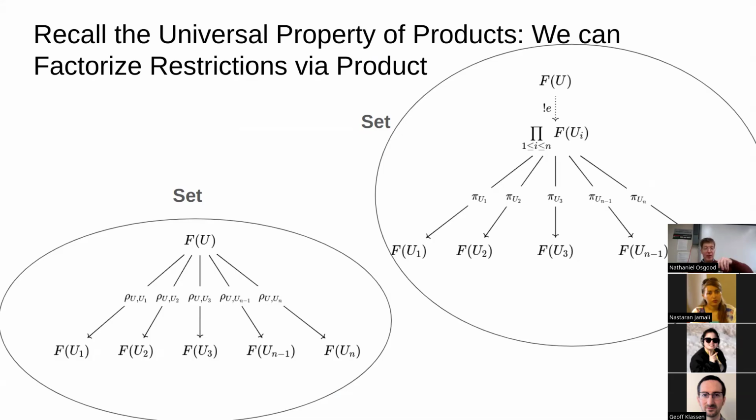So that's what E is. E is just the product of each of these things, and then we project down to each of these. Are we comfortable with that? By the universal property of the product, this must have a unique morphism, but the unique morphism is just the product of these. Are we okay with this?